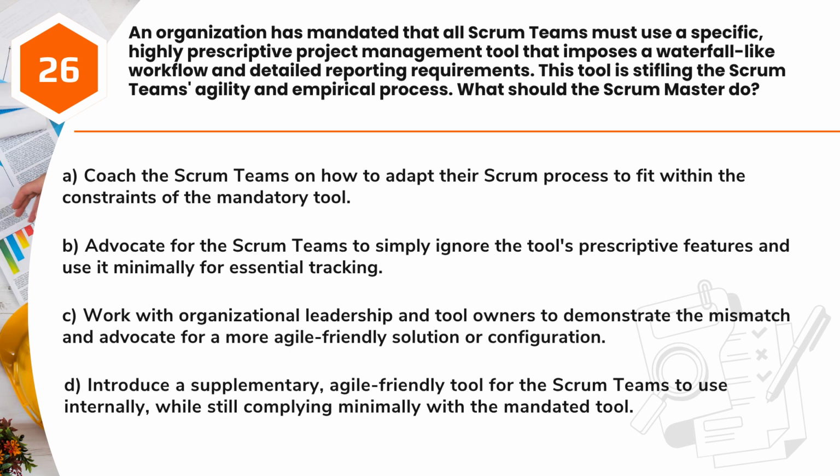B. Advocate for the Scrum teams to simply ignore the tool's prescriptive features and use it minimally for essential tracking. C. Work with organizational leadership and tool owners to demonstrate the mismatch and advocate for a more agile-friendly solution or configuration. D. Introduce a supplementary, agile-friendly tool for the Scrum teams to use internally, while still complying minimally with the mandated tool.